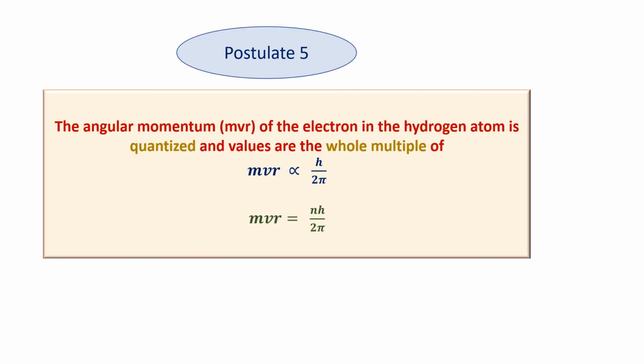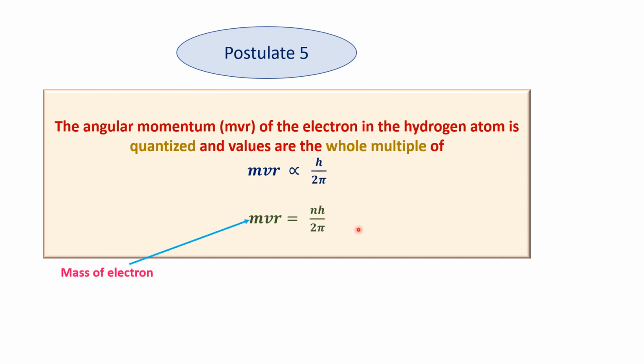The last postulate is about the angular momentum of the electron. Angular momentum of the electron in the hydrogen atom is quantized, and the values are whole multiples of h divided by 2 pi, so mvr is proportional to h divided by 2 pi. Replacing the proportionality sign with n, mvr is equal to nh divided by 2 pi.